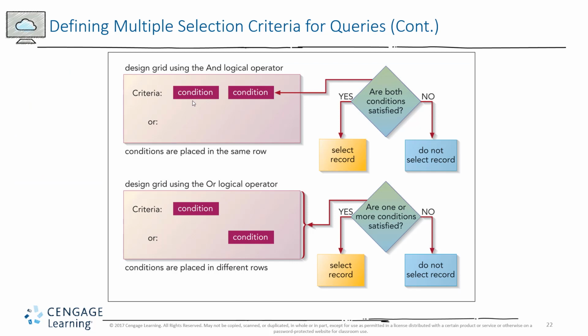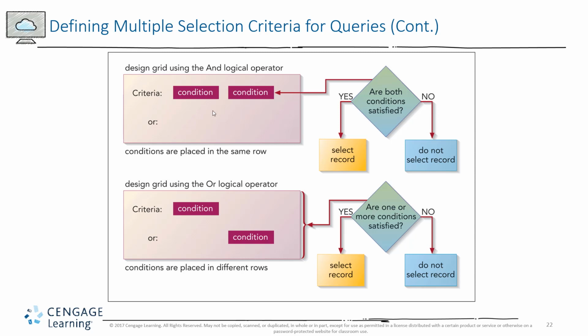So the first part of this that we're looking at is the AND logical operator. Say we've got criteria that we're looking for in two different conditions. For example, say we're shopping online at Amazon or eBay and we're looking for some Converse shoes that are purple.